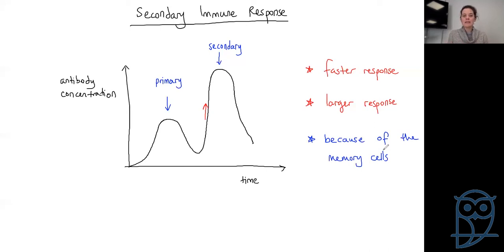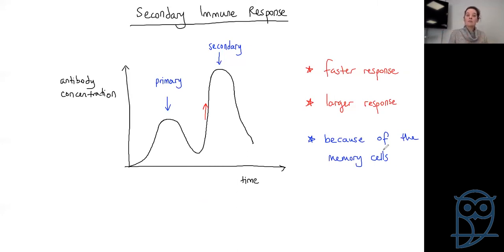This is also the basis behind the whole theory of vaccination, because with a vaccination, you cause that primary immune response, okay? But you use an attenuated organism, or just a preparation of antigens. So the person's not going to get sick, but they're going to have this primary response, and they're going to create those memory cells.